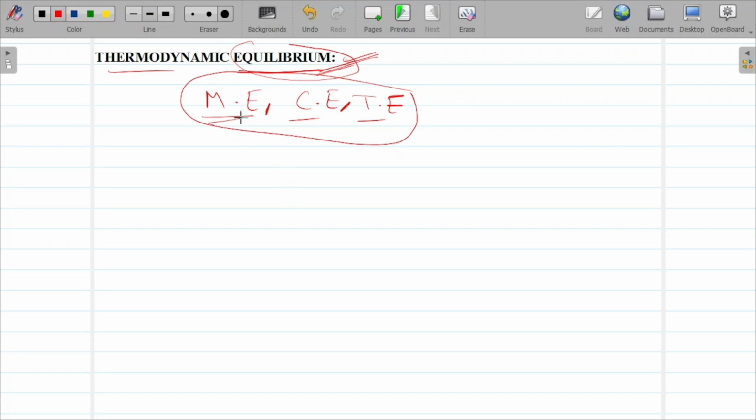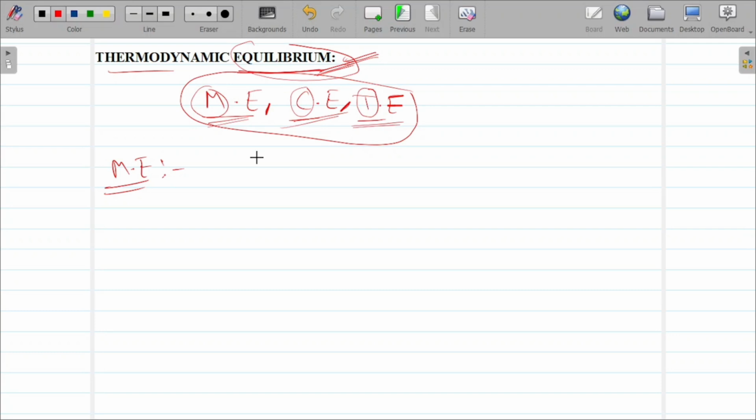What is mechanical equilibrium, chemical equilibrium and thermal equilibrium? Mechanical means work, chemical means reactions, and thermal means heat. First we'll see mechanical equilibrium. What is meant by mechanical equilibrium?